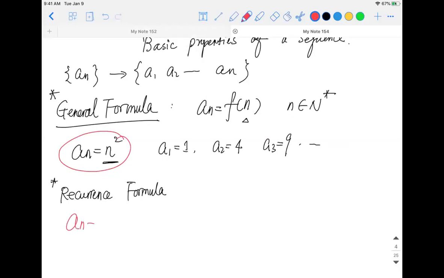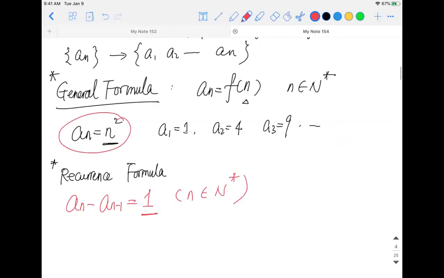If in a sequence I say an minus an-1 equals 1, where n belongs to the positive integers, what does it mean? The difference between any two consecutive terms is equal to 1, right?